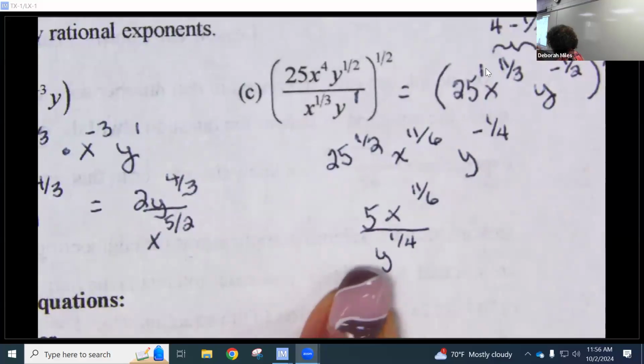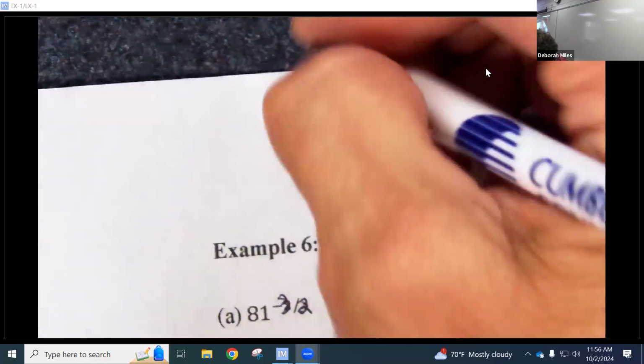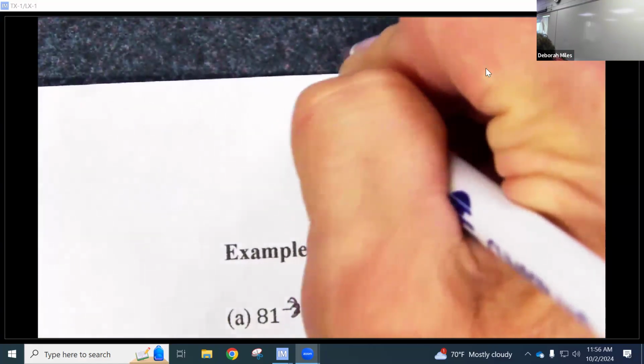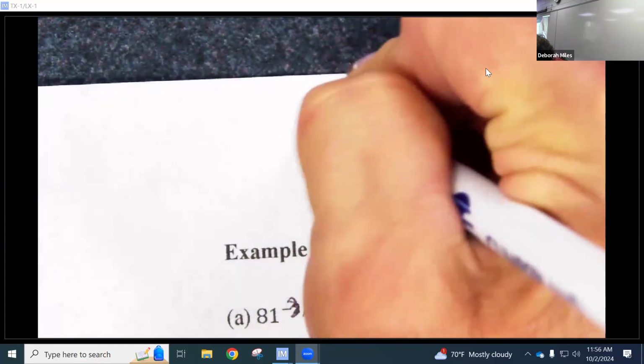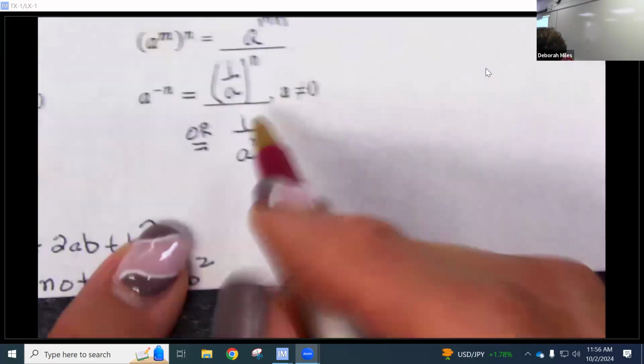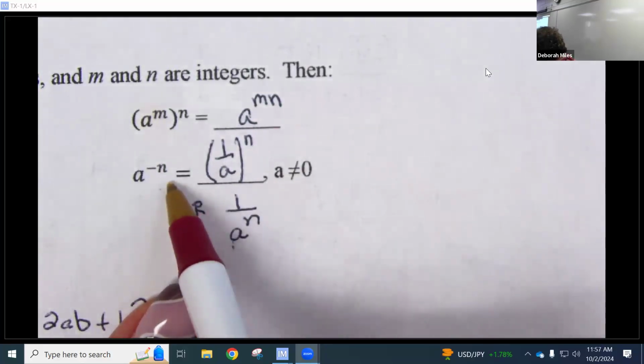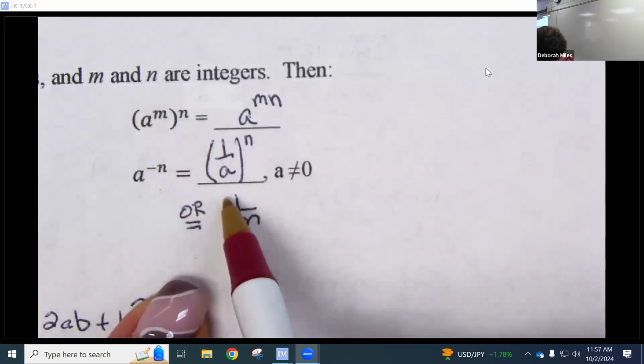I never flip an exponent. I take the reciprocal of the base. That may be a good note to put up here, and then I'm going to finish that sentence I was in the middle of. Let's see, how do I want to write that? I know where. Where was that rule? Right here. Right here's a good place for it. Here's the rule that says when you have a negative exponent, you take the reciprocal of the base.